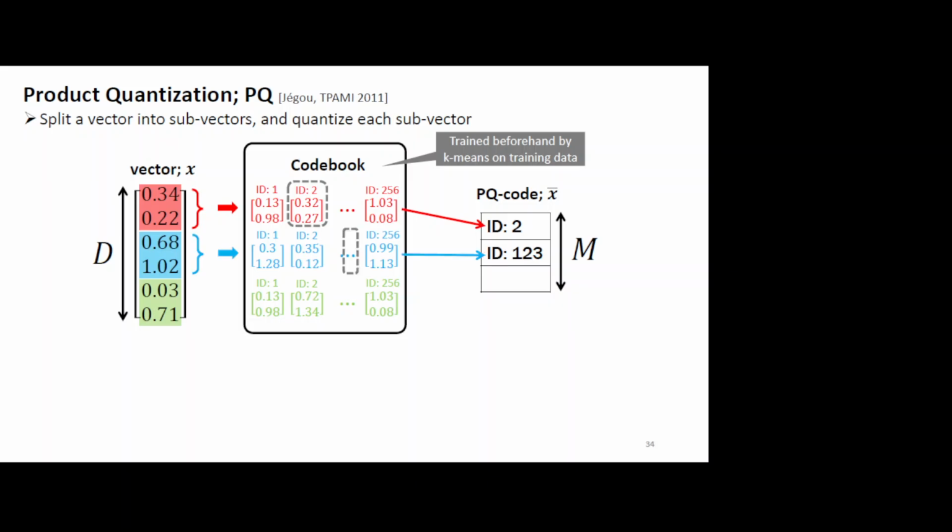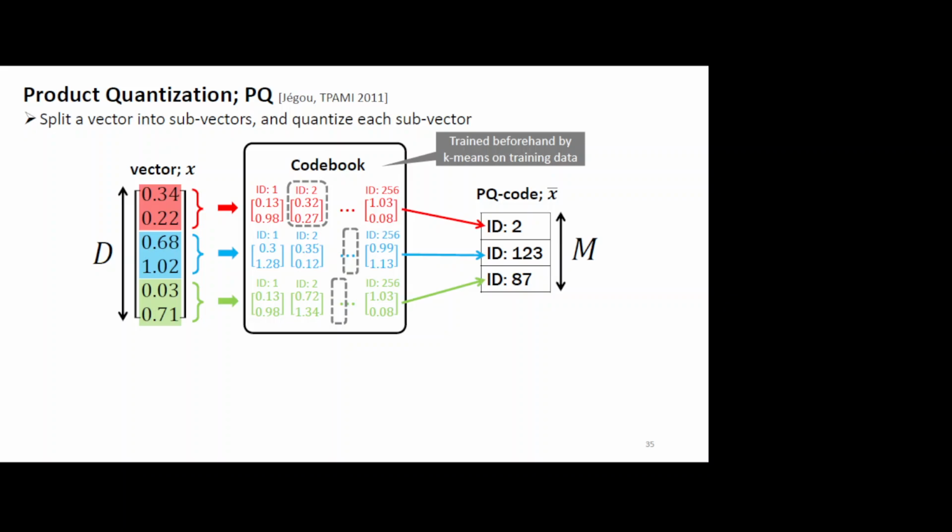Next, I compare the second part. You can see this two-dimensional vector is compared to the second code book, to find which centroid is the smallest. Here the smallest centroid ID is 123. I just repeat it for the last one, and find the centroid is 87.